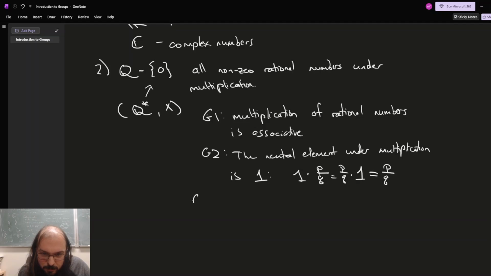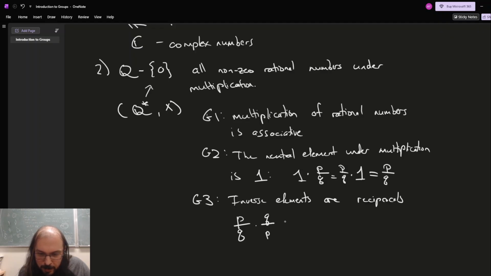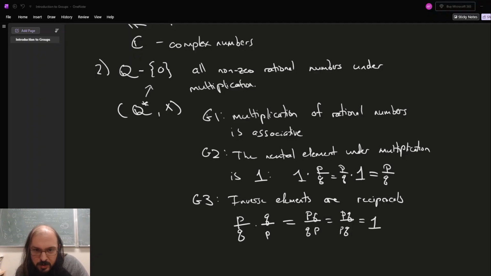And then lastly, the inverses are reciprocals. You give me a rational number. If I multiply by its reciprocal, then this becomes just PQ over QP, a fancy way of writing 1. So you see, this also makes a perfectly good group.